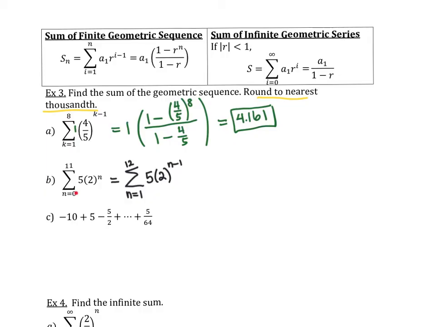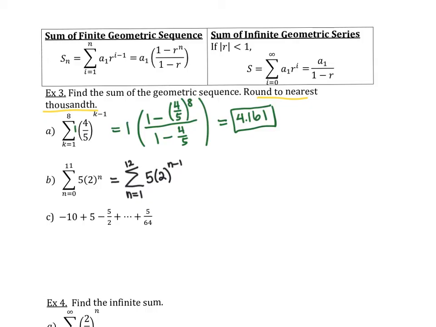This was n equals 0, which would give me 5 times 2 to the 0. If I start with 1, 1 minus 1 is 0, so it's still 5 times 2 to the 0. So I'm still starting with the same term. When I finish, I plug in 11, which makes 5 times 2 to the 11th. When I finish, I plug in 12, and 12 minus 1 is 11, so this is still 5 times 2 to the 11. The only reason I rearranged it is so that I could use this finite geometric sequence formula.